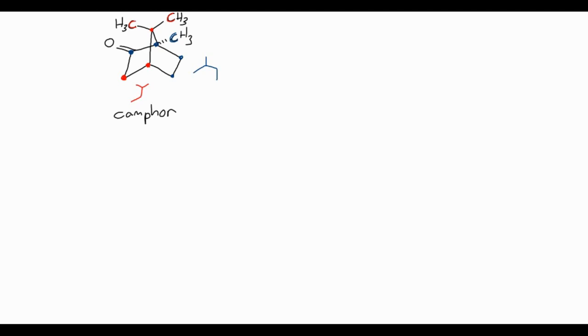And let's look at one more terpene. So this one is going to be a slightly different structure as well. We have a methyl group, and let's label the hydrogens in explicitly.